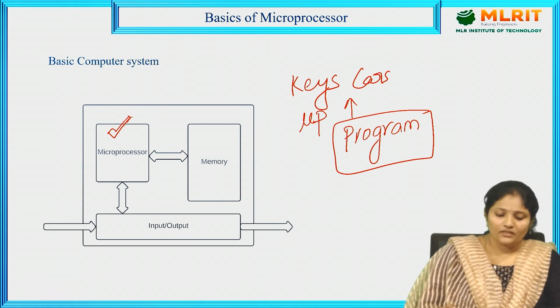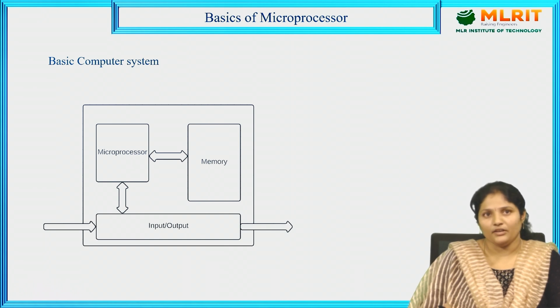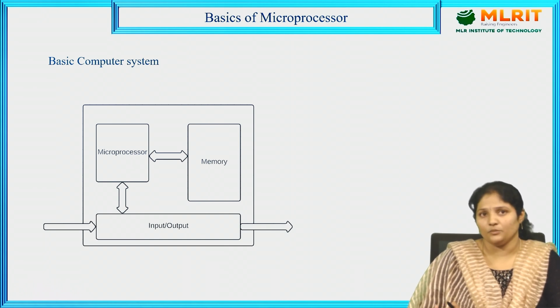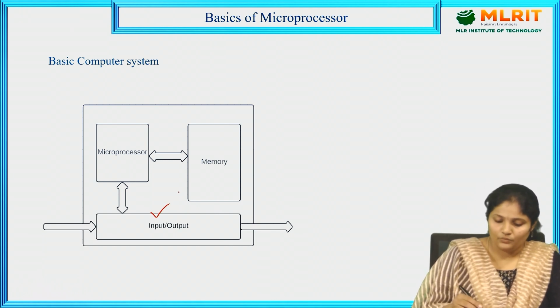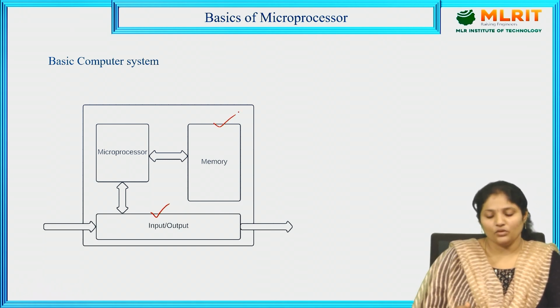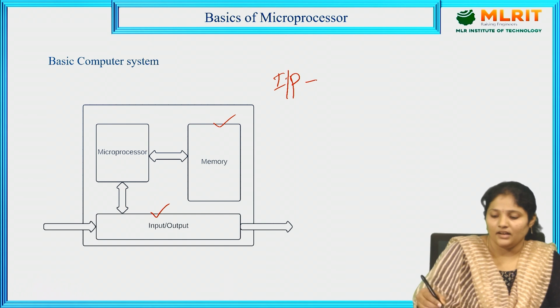What are the basic components we use to execute a microprocessor? A microprocessor doesn't have input-output elements and memory in it. So we need to support the microprocessor with input-output devices and memory devices. What are the input devices?